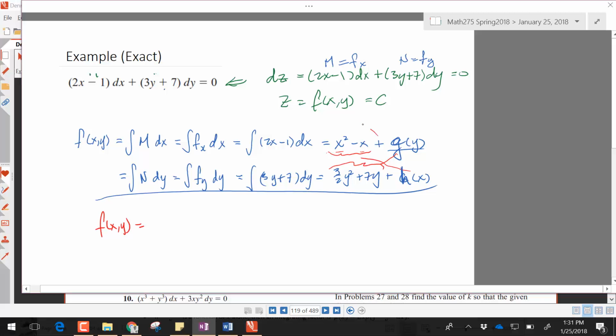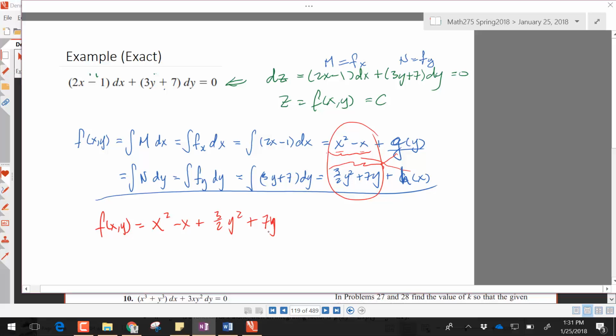So it looks like if I just combine these two functions, then I have my original f of x. So what's that? If I put this together, x squared minus x plus 3 halves y squared plus 7y, then that must be my original function.